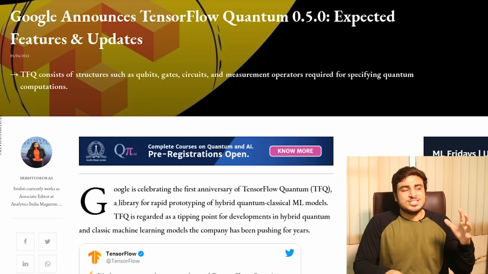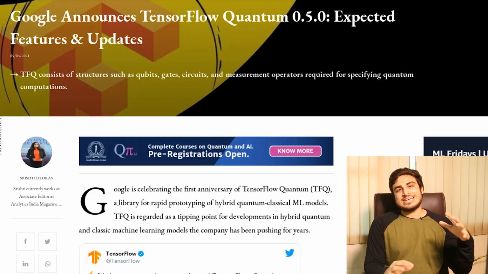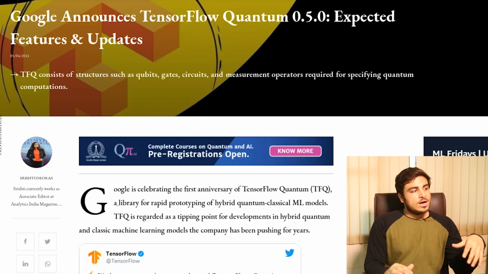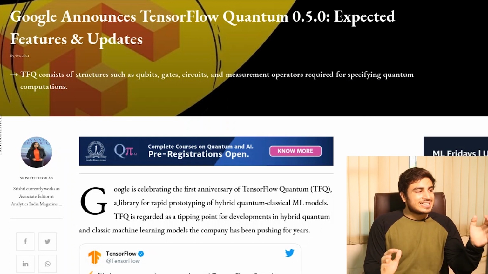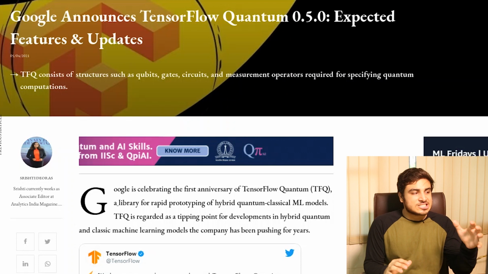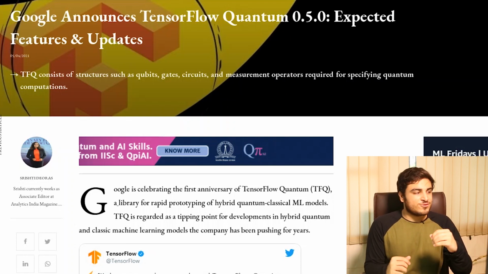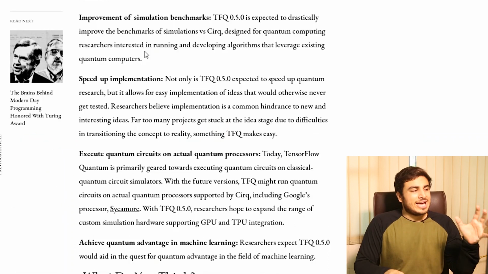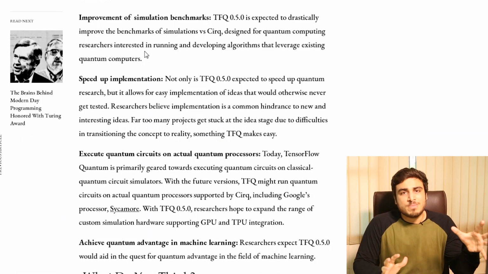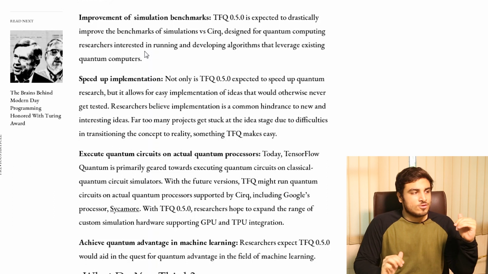In this article, we will check out some features and updates that are expected to come along with it. Also, we have news that it consists of structures such as qubits, gates, circuits, and measurement operators required for specifying quantum computations. The expectation is that the simulation benchmark will be drastically improved in TFQ 0.5.0.